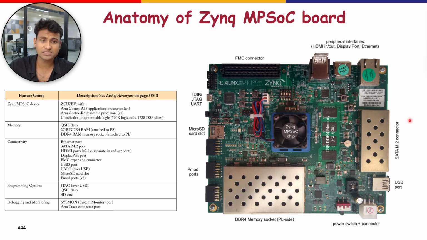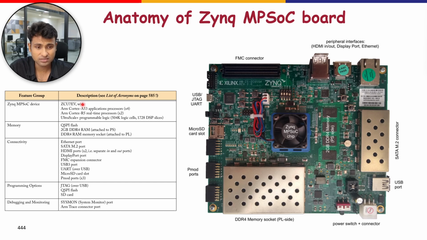One of the most standard boards, which was released even before the Kria board, is the Zynq MPSoC ZCU104 board, which you can see right here on the screen as well. The name of the board is ZCU104 and the part number of the FPGA inside it is ZU7EV.